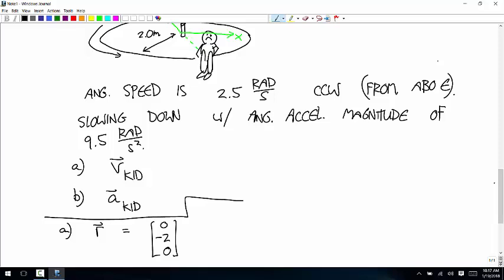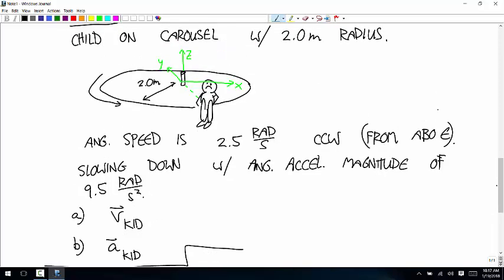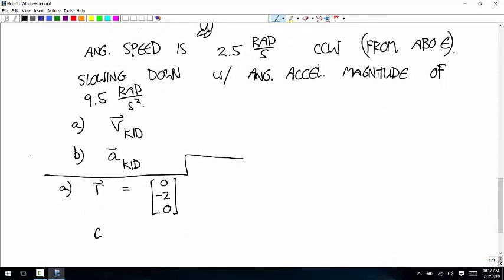with them. Okay, what's the angular velocity vector? It's rotating this way. We have the magnitude, and all we need is the direction. The direction goes according to the right-hand rule, so the angular velocity direction is the positive z-axis. Everyone see that? So the angular velocity is 0, 0, 2.5.